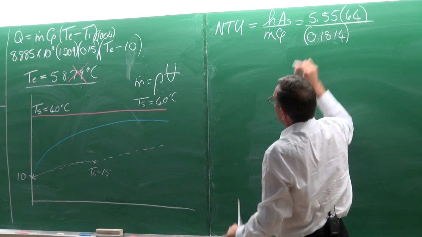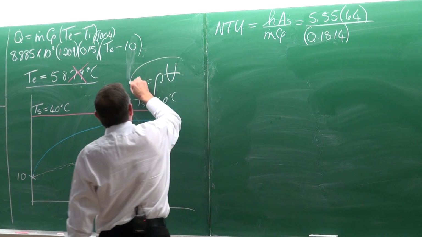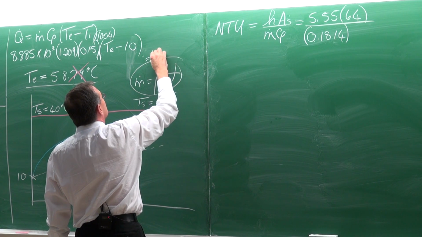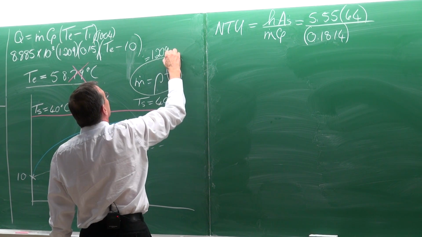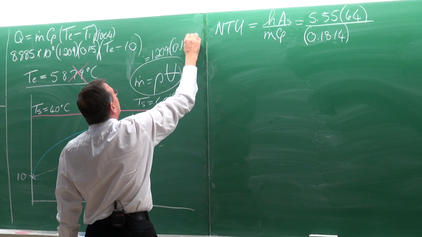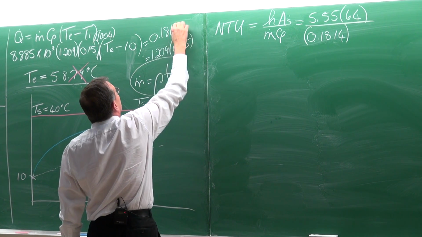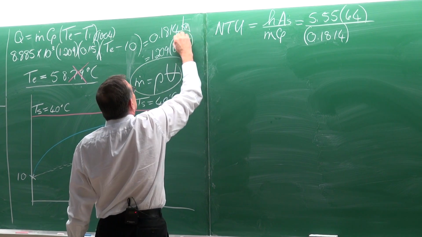0.1814. I should have actually written it here also. So the density is equal to 1.209, the volume flow rate is 0.15, and the mass flow rate is equal to 0.1814 kilograms per second.